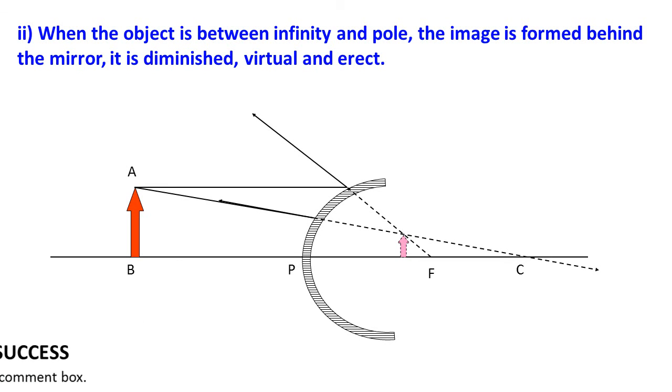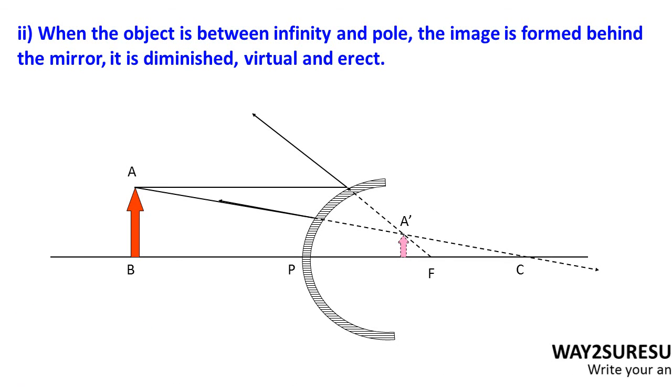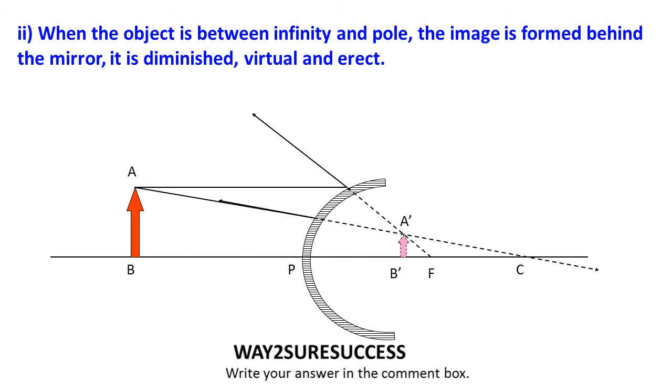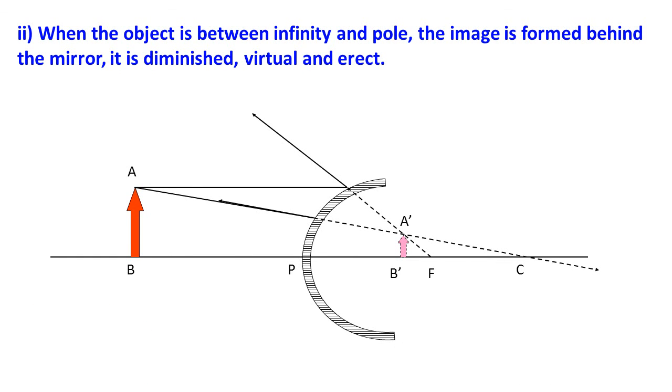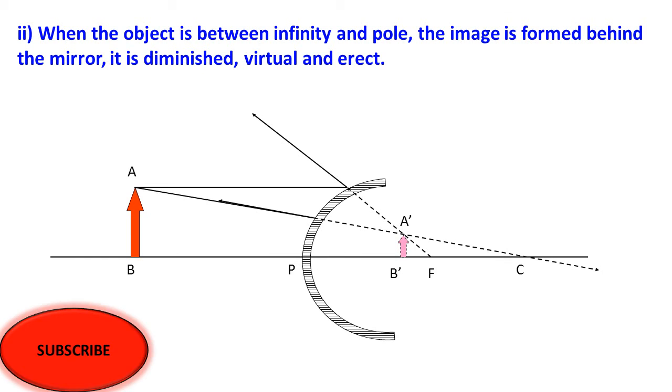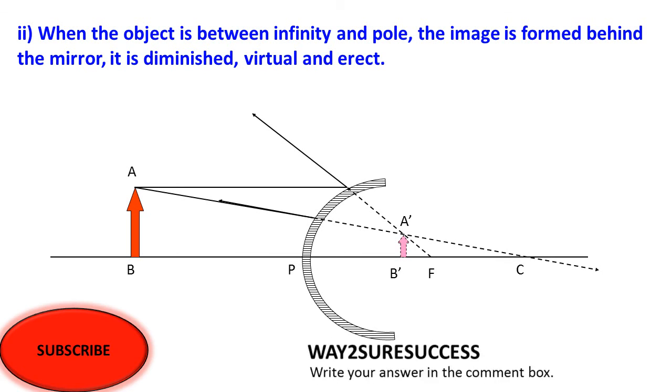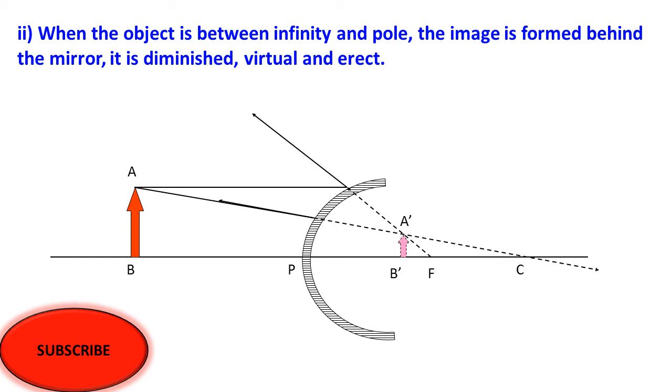It is observed that both the reflected light rays are coinciding behind the mirror as shown here. There is formation of the image. It is observed that the image is formed behind the mirror between pole and focus. It is diminished and virtual and erect.